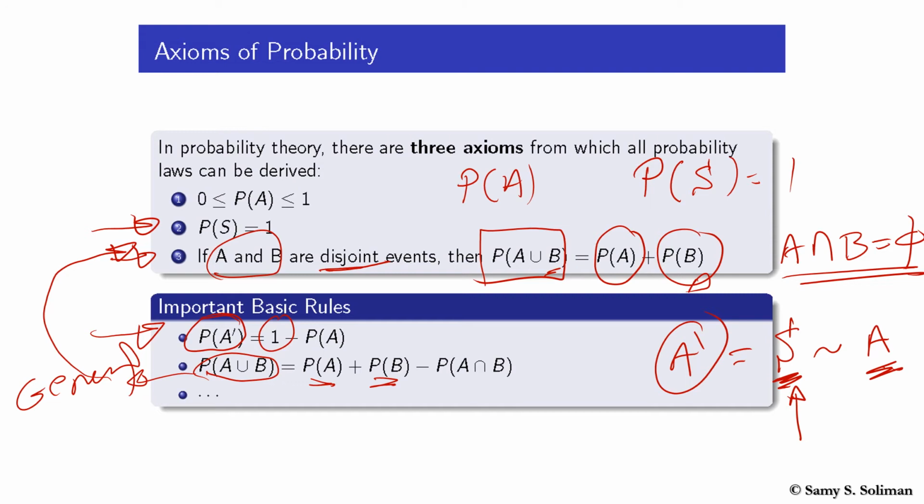So if we draw such two events using Venn diagrams for explanation, let's assume that this is event A and this is event B, and this whole area is their union. If we want to calculate the probability of that union, that is the probability of an element being in such an area.